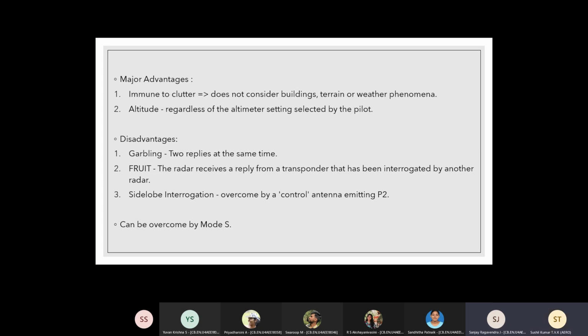I'll give a very loose analogy. Let us say Sanjay is sitting in W401 and Akshay, you are at 403. You both are in the corridor, and I am also in the corridor. Initially, I want Sanjay only to reply, and then after that, when I ask you some question, I don't want Sanjay to reply, and you should reply.